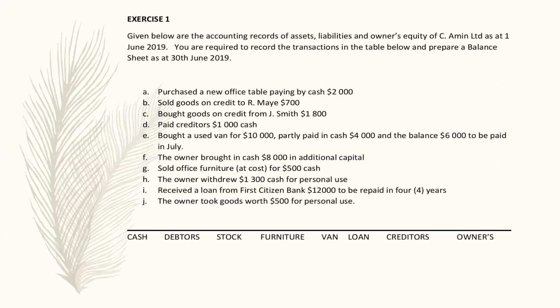We are going to get all of our figures at the end of all of these transactions and come to a total figure. Once you've gotten that figure, we apply it in our balance sheet equation. Okay, so let's get started.